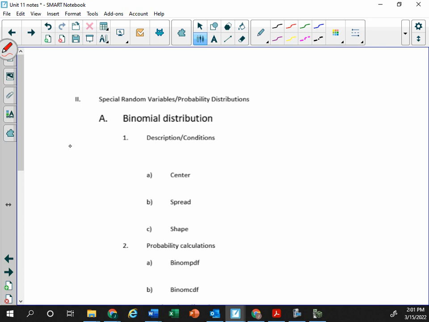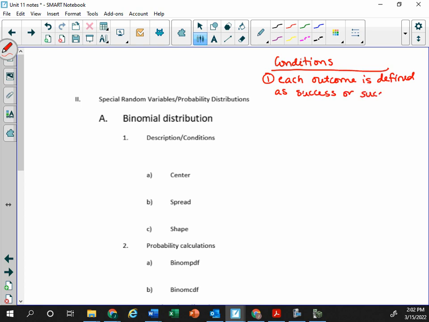So I'm going to do some conditions up here first. And this is for both binomial and geometric, okay? So each outcome is defined as success or not success.